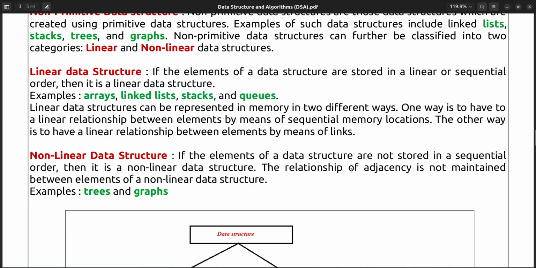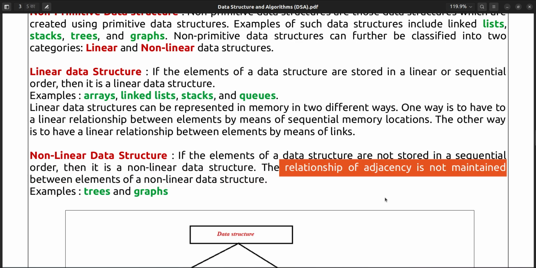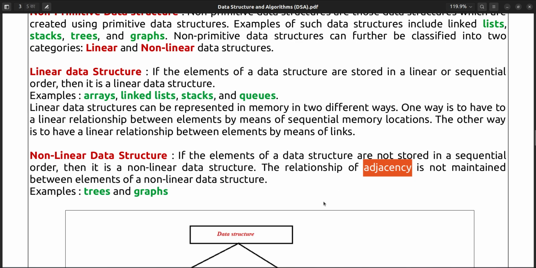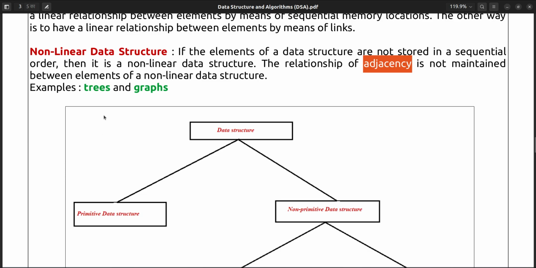The relationship of adjacency is not maintained by the elements of a non-linear data structure. Adjacency means the nearest element, and that relationship with the next element is not maintained. Examples of non-linear data structures are trees and graphs.